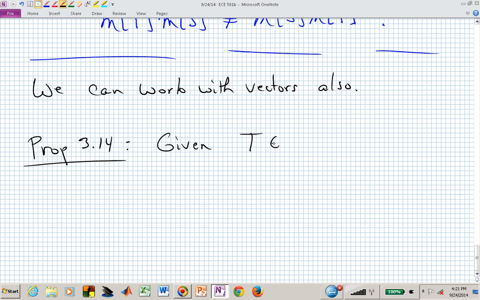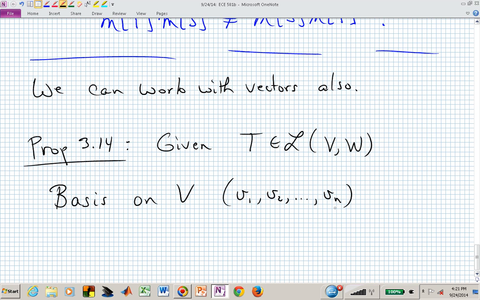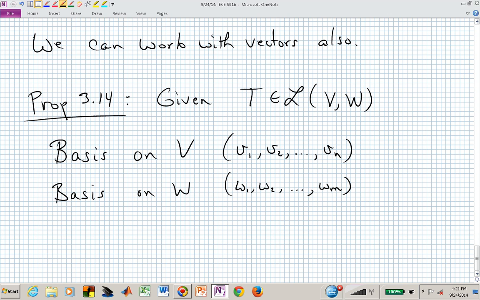Suppose we're given a linear map T that takes us from the vector space V into the vector space W, and the basis on V is V sub 1 through V sub n. The basis on W is, let's say, W sub 1 through W sub n.